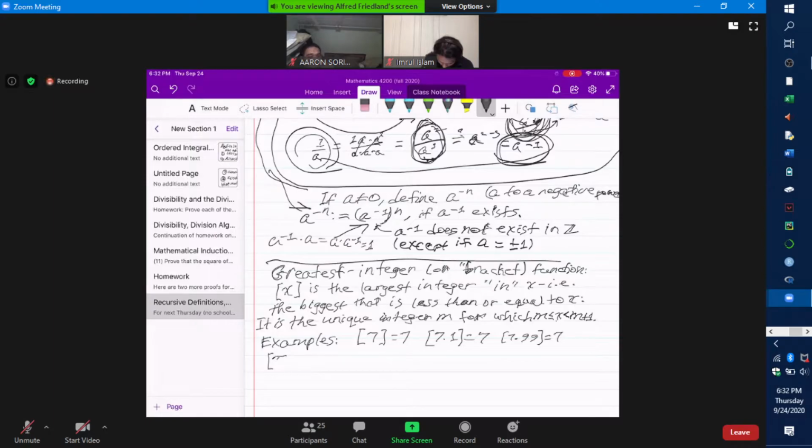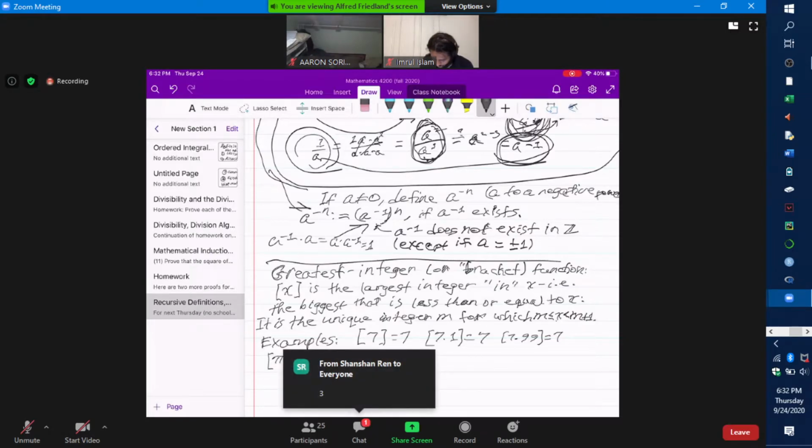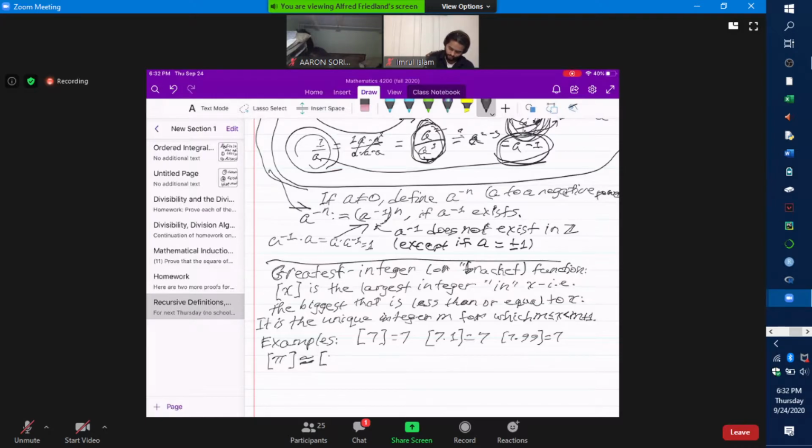How about bracket pi? Remember that pi is 3.1415926535. In any case, it's 3 point something, approximately 3.14, and so the greatest integer less than or equal to 3.14 is 3.